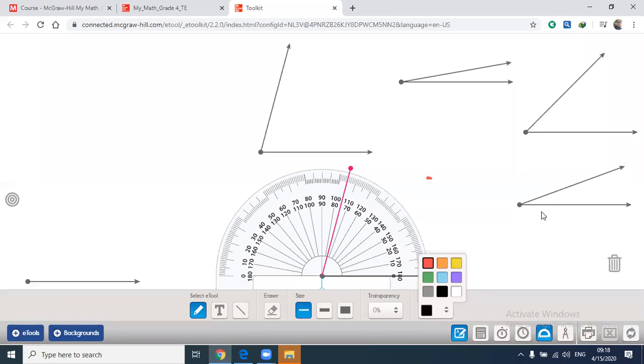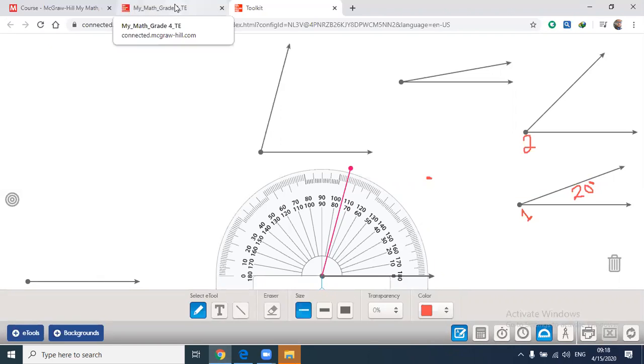Question number 1 with 20 degrees. And this is number 2. It was how many degrees? Number 2, it was 45, I think.